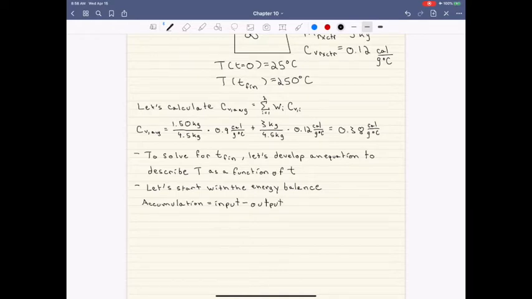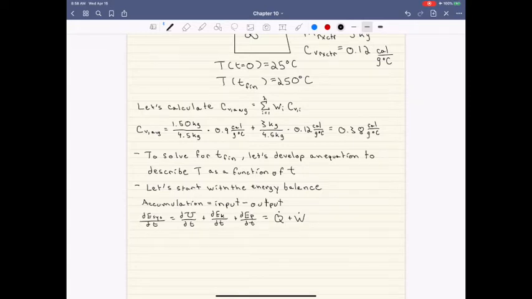For our accumulation term, we're going to say it's the derivative of the total system energy. And that total system energy is made up of three different contributions: the derivative of the internal energy, the derivative of the kinetic energy, and the derivative of the potential energy. The input and output is equal to the heating rate plus the work rate.